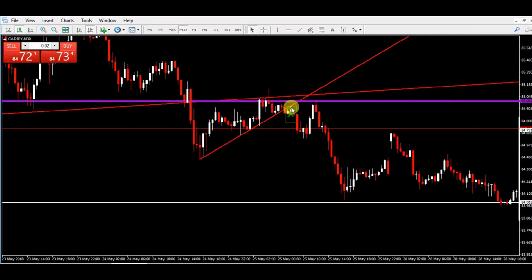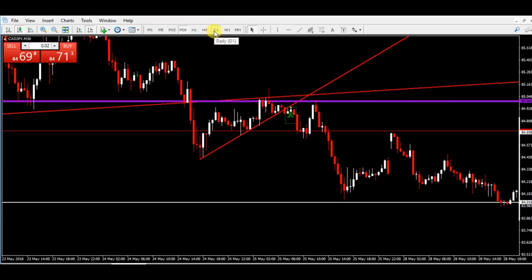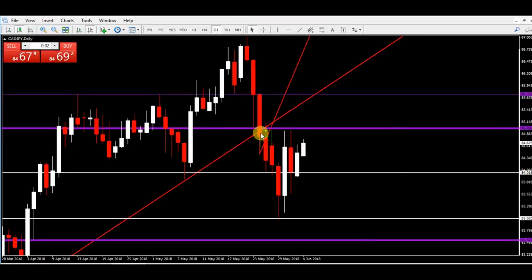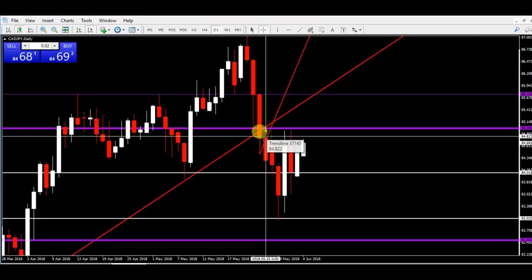Remember this X, because that's where we would have entered. Now let's go to the daily chart. What did I tell you? It would have looked like you caught it right at the wick on that daily chart. That X. Right at the wick. Very top of this bearish candle.